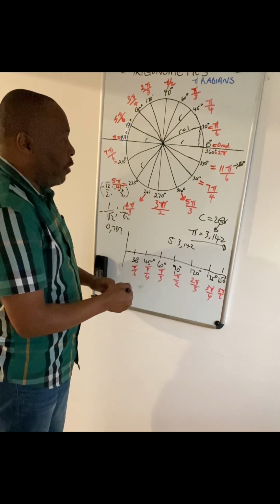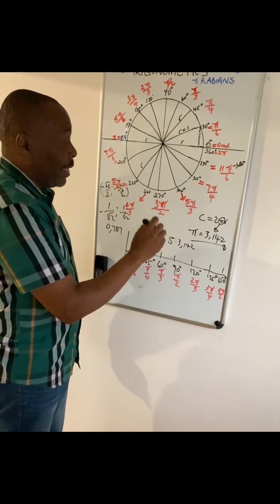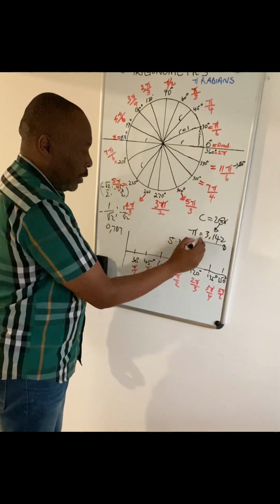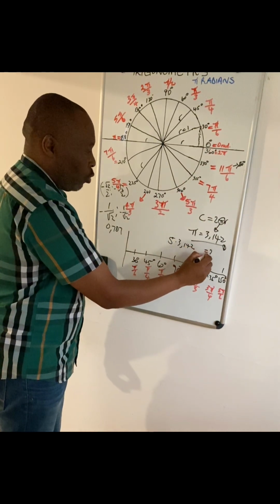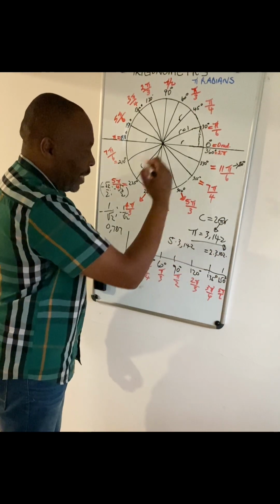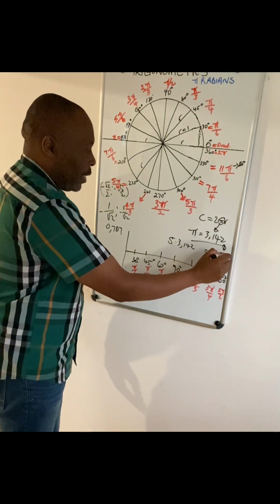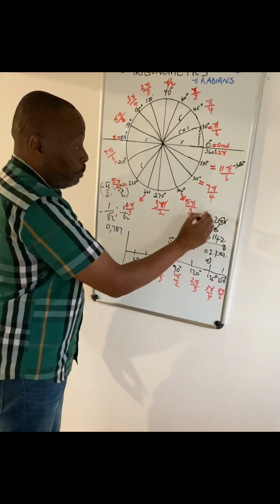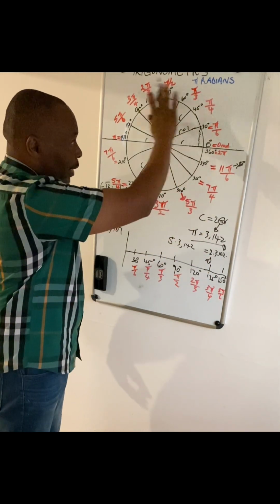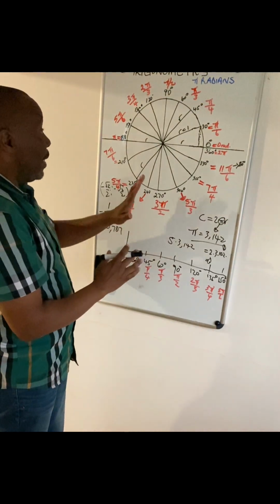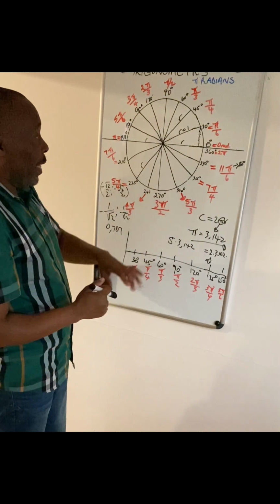They are different. If you are calculating the circumference of a circle, you would say c is equal to 2 times 3.142 times the radius you are given, and then you'd find the value of the circumference. But here we are dealing with radians and degrees in spatial angles.